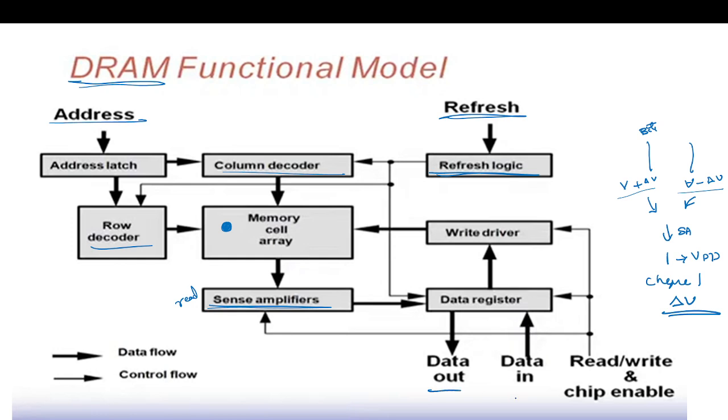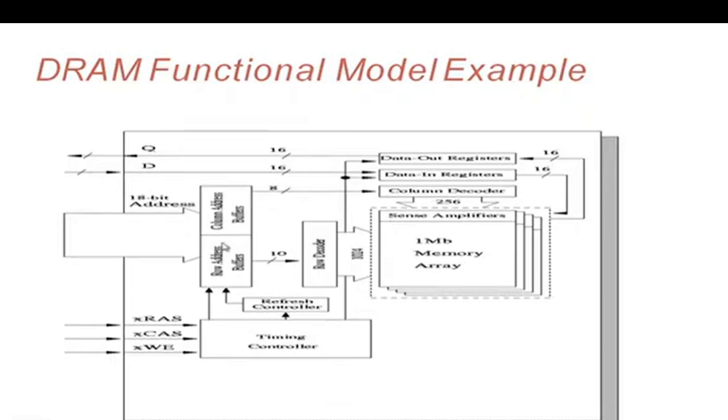Now say we have input data, this is going inside the data register, and now we are writing it. Say this particular cell we want to write. So we will use write drivers to write the content. And whether we are doing read or write is selected in the chip heading. So this is the DRAM functional model example.